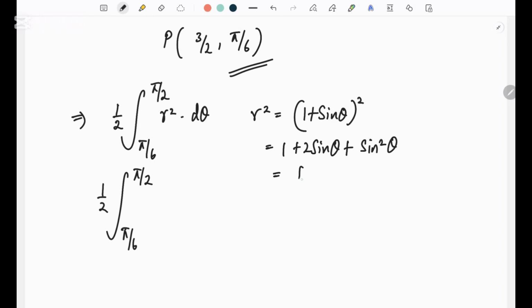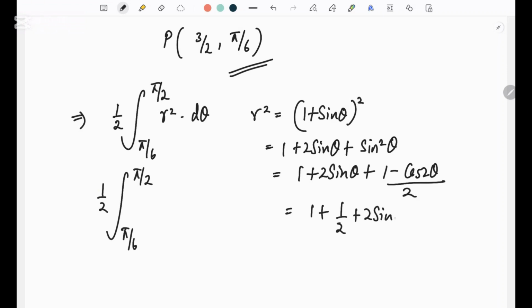So you put that instead, so it's 1 plus 2 sine theta plus, I'm sorry, 1 minus cos 2 theta over 2. So it's 1 plus half plus 2 sine theta minus half cos 2 theta, right?